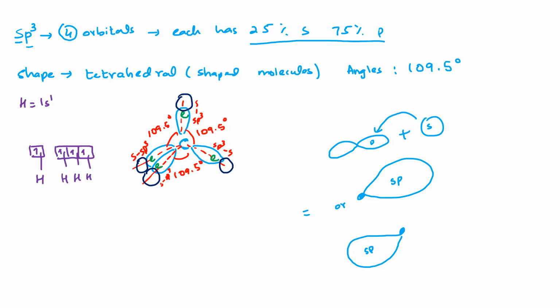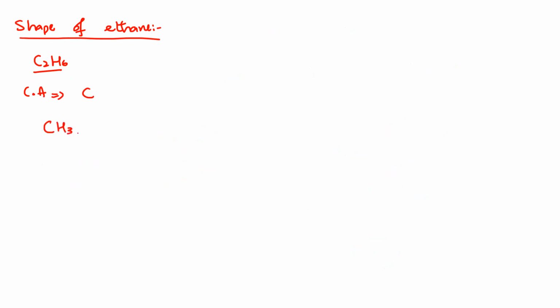Then we have a few different scenarios. Maybe let's discuss the shape of ethane. Ethane is C2H6. If we talk about the central atom, we know it would be carbon, and each carbon is associated with three hydrogens, right? So there are basically two CH3 groups bonded together here.